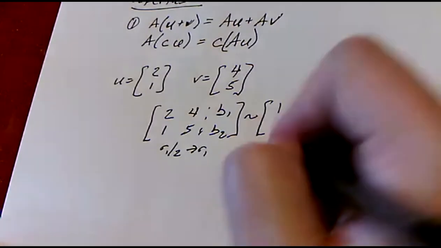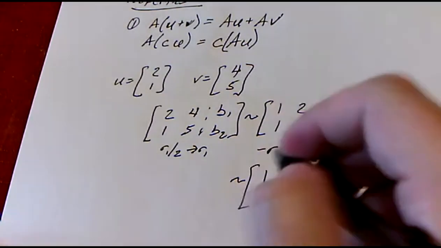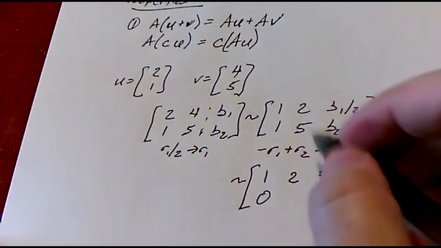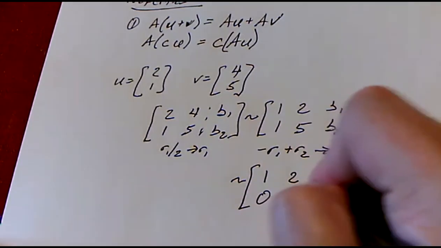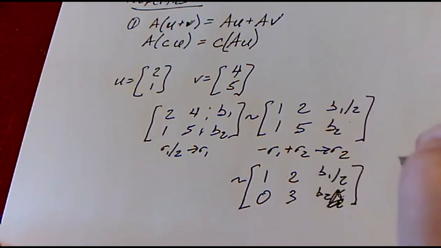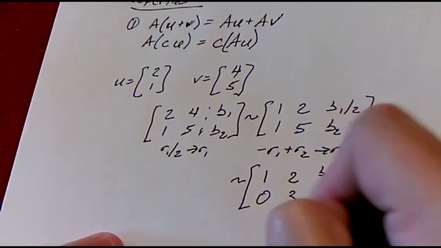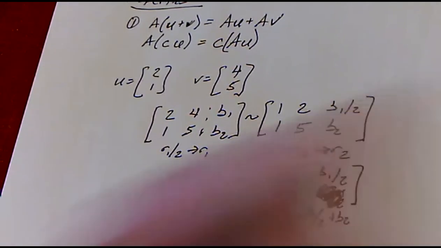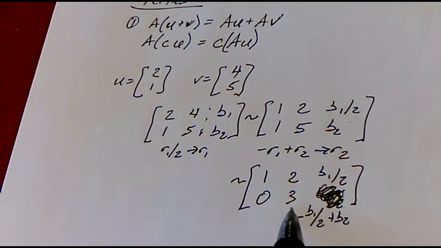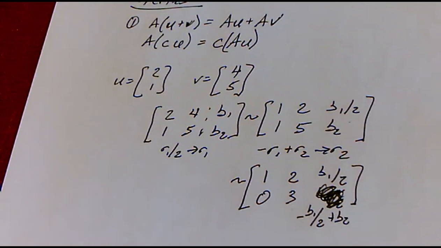So I take 1, 2, and B1 divided by 2 is taken care of. 1 and negative 1 makes 0. Negative 2 and 5 is going to be 3. Then B2, not divided by anything just yet. So negative B1 over 2 plus B2. I could divide this by 3 and scale that. And so I see I'd have a triangular matrix, so I have a solution of any kind. The B1s and B2s would change.